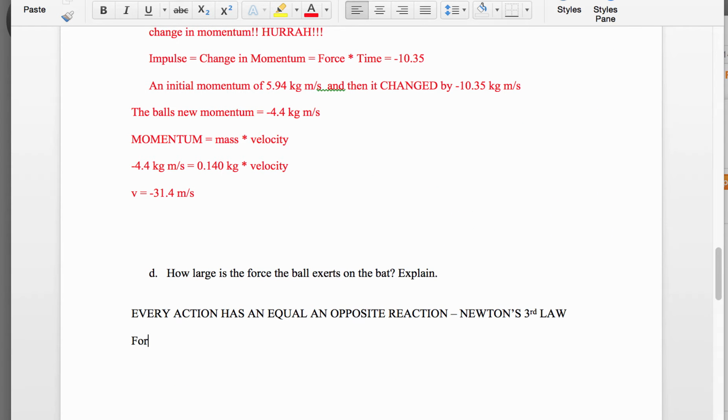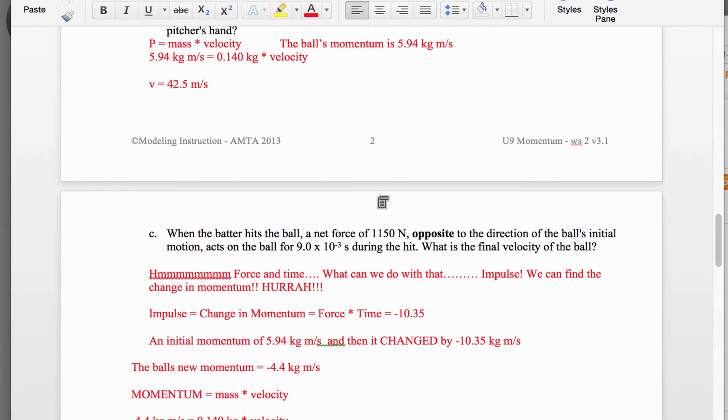So if the force of the bat on the ball was 1150 newtons, then the force of the ball on the bat was negative 1150 newtons. But wait, we were saying that the bat on the ball was actually negative because it was to the left, so this would be positive. Anyway, as long as you just change the sign, because forces are always equal and opposite.